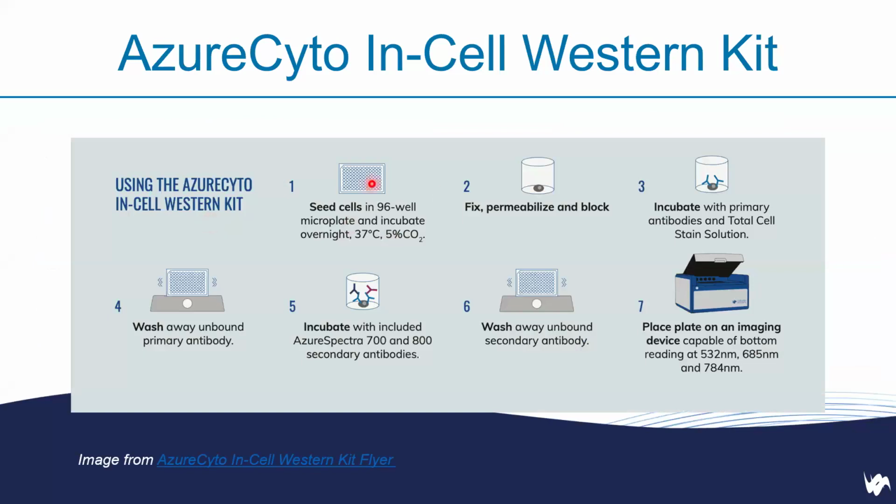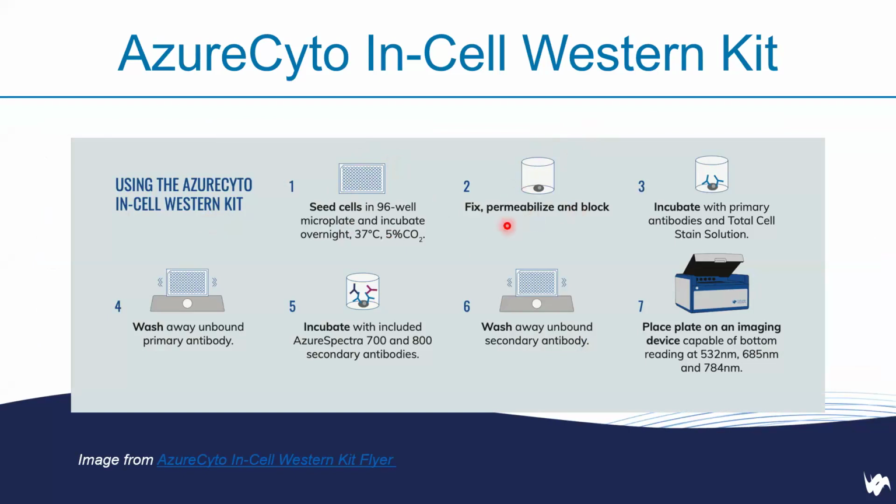The first thing you do is seed your cells and grow them. At least incubate overnight to allow the cells to seed and adhere to the bottom. Then you fix the cells, permeabilize, and do the blocking steps.